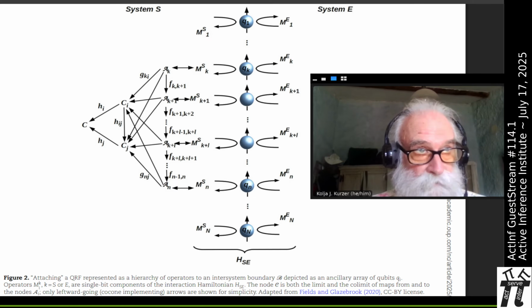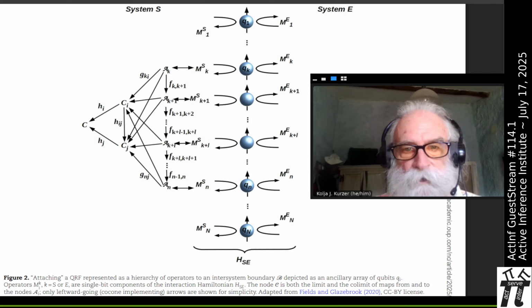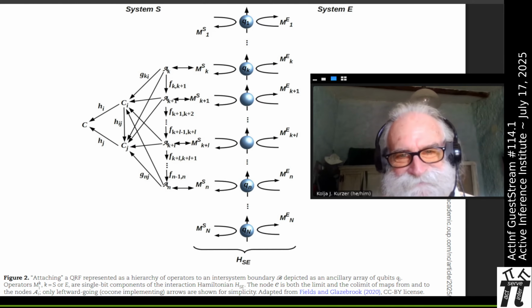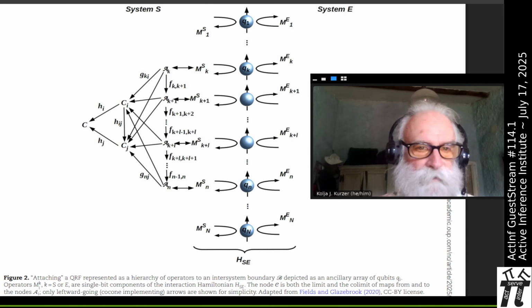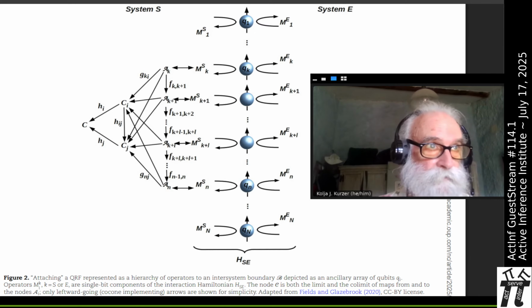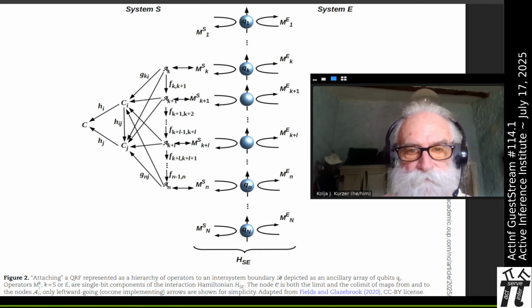And in classical physics, of course, all operators commute. But in quantum theory, they don't. So quantum theory has the great advantage of giving us a formalism that automatically lets us talk about failures of commutativity, which means that if I do operation A and then B, I get a different answer than if I do B and then A. And clearly, a lot of our interaction with the world has that structure.